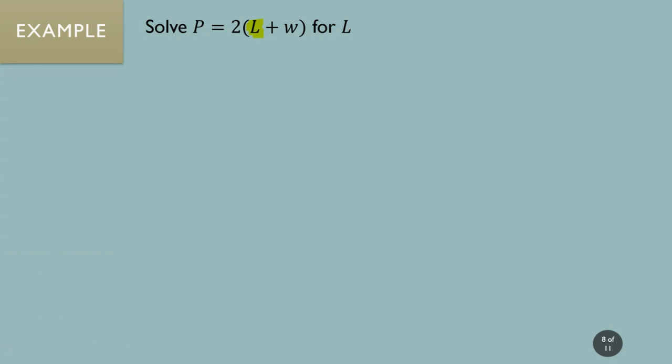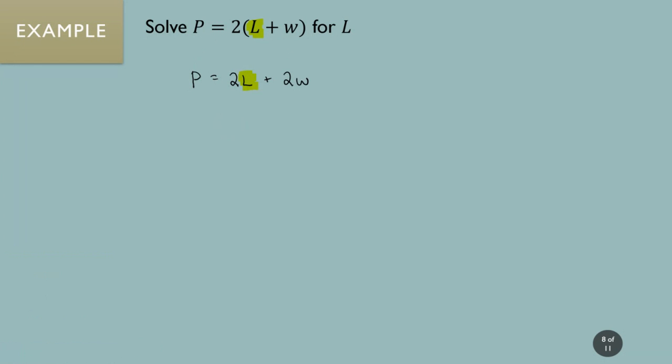So that's the only way that we can get it outside of the parentheses so we can start moving things around. So our first step here is to distribute. And so you're just distributing the 2 through the parentheses. So that gives us 2L plus 2W.